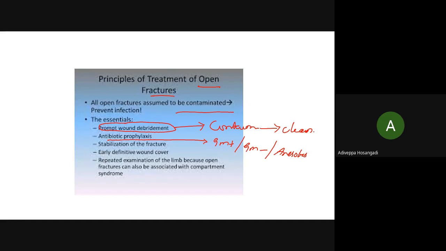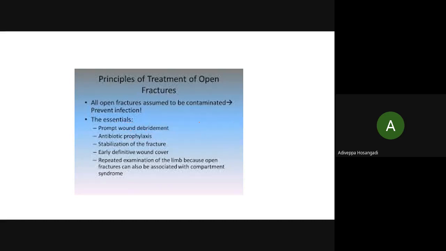So once you debride it, you take it for surgery. You should know what is the meaning of debridement. Debridement is derived from the word debrider, or unbridle. It means you have to remove the dead, necrotic tissue and remove the contamination.